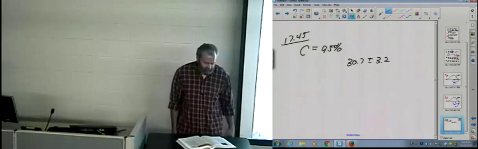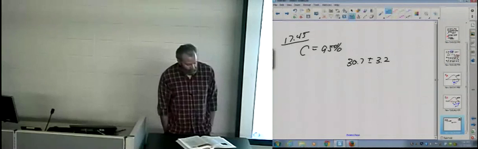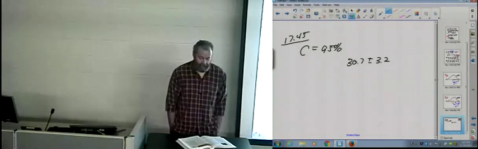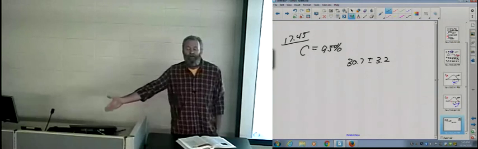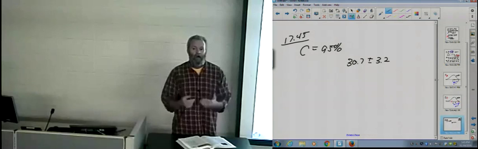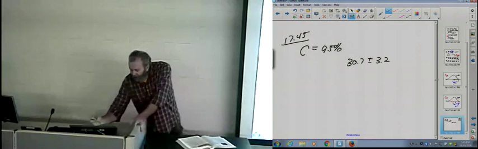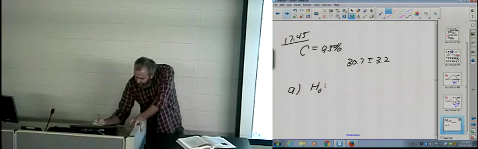Part A says, with a two-sided alternative, can you reject the null hypothesis that mu is equal to 33 at the 5% level? Does everybody understand why they're asking me at the 5% level? My confidence interval is at the 95% level. 95% plus 5% is 100%. In Part A, what they're asking you to do is this test right here.